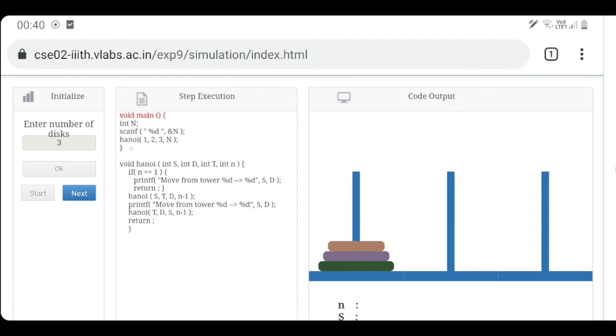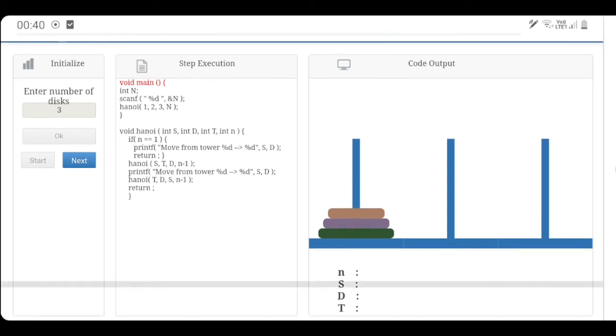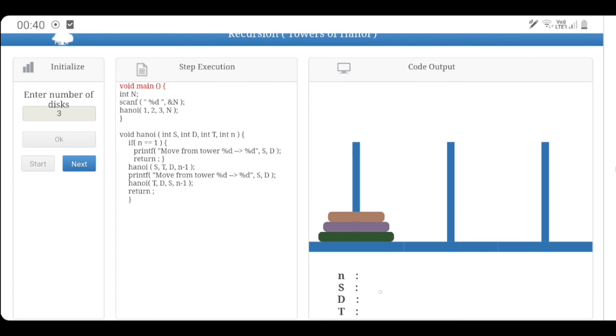So here you could see the program which is very similar to what we wrote, but probably the arguments are slightly different, and it's coded with numbers being given as names to the source, destination, and the auxiliary pegs, right? So if you could see here, you will have numbers coming up, but we gave them names as ABC, right?